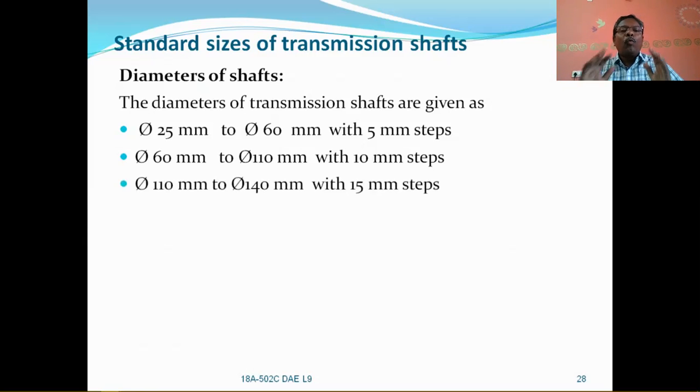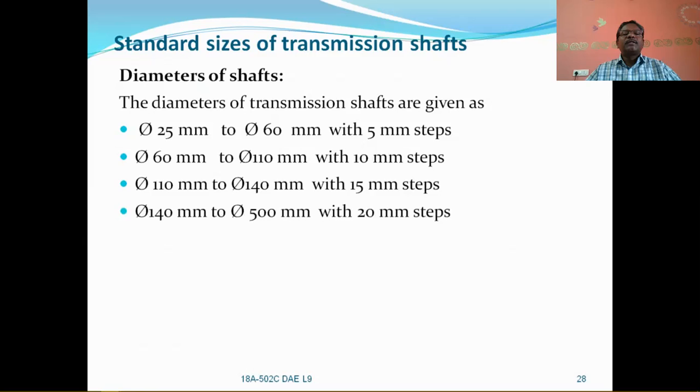Now 110 to 140 mm will have a 15 mm step. That means 110, 125, and then 140. So like this, the increments are there, and the last one is 140 to 500 mm diameter shafts having 20 mm steps.